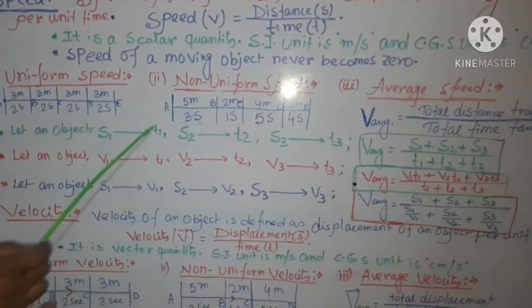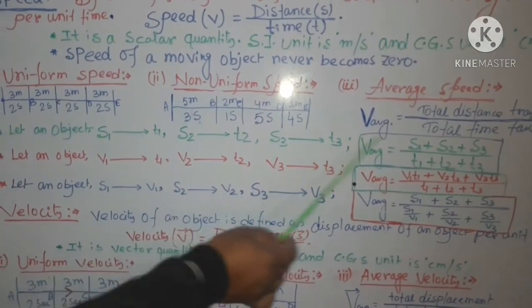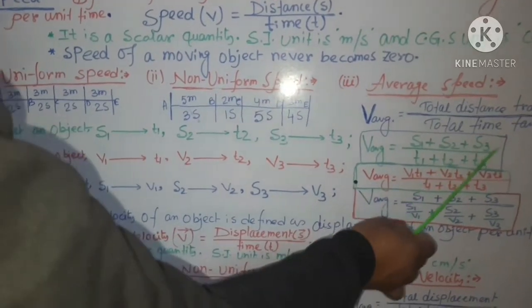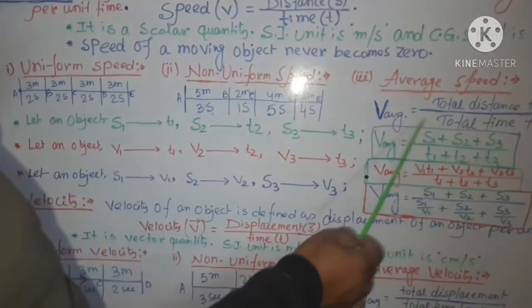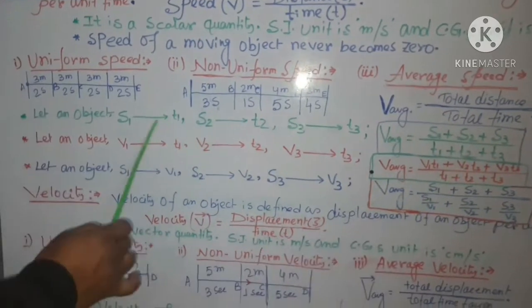What is total time? t1 plus t2 plus t3. So this is a formula for finding the average speed in this situation.